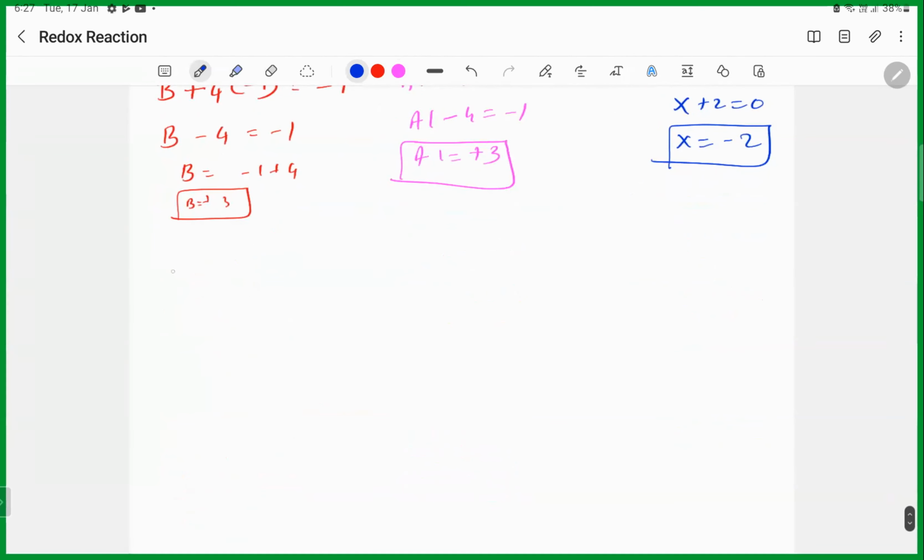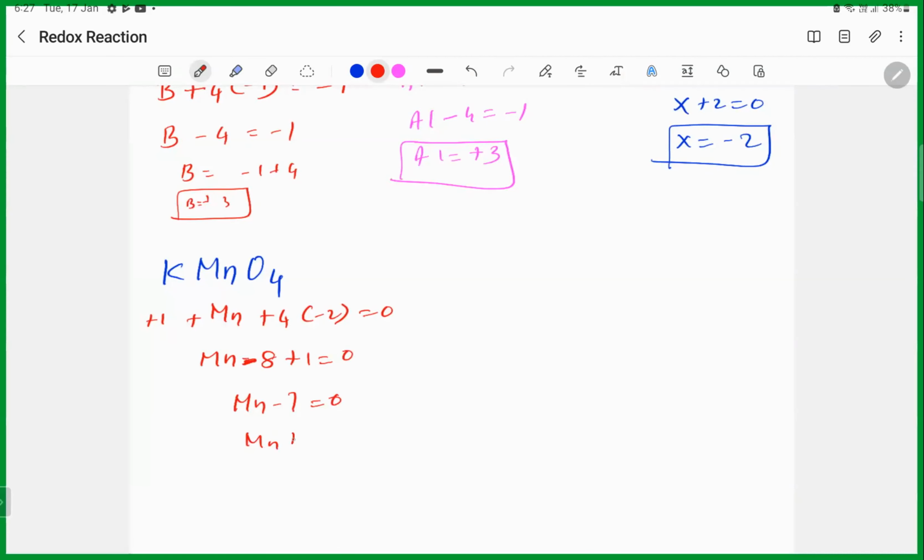Then KMnO4. Potassium is an alkali metal, so it is +1, and manganese is X with 4 oxygens at -2 equals 0. So manganese plus 1 minus 8 equals 0, manganese minus 7 equals 0, manganese is +7.